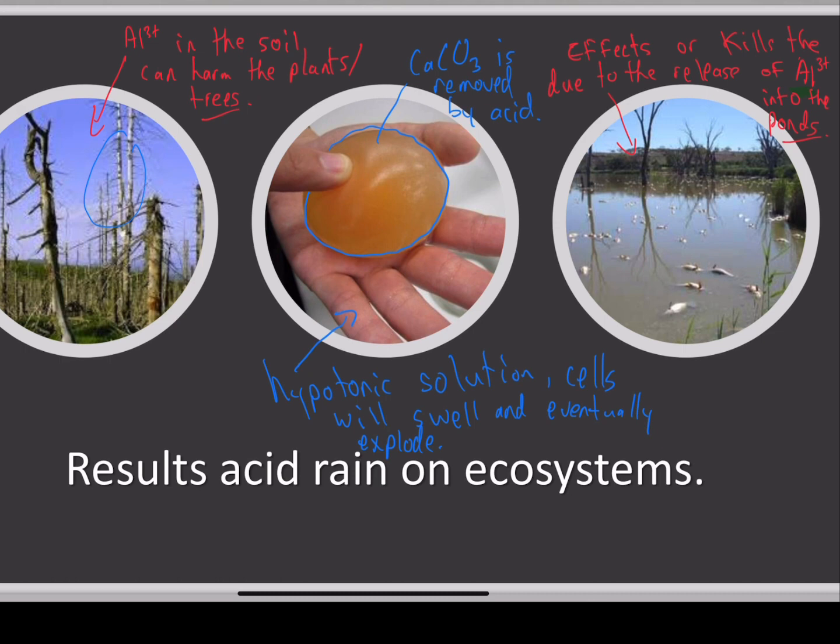Now, the reason why this hypotonic solution gets created is because there's more aluminum, Al3+, that has been taken up by the cells, the plant cells, or whatever have you inside the environment, and now the water is going to want to move into the cells in order to dilute it so that the concentration of aluminum is equal on both sides of the cell, that being inside or outside of the cell. And so you end up having a hypotonic solution, and the cell will swell until it explodes and dies, and this is called cytolysis.